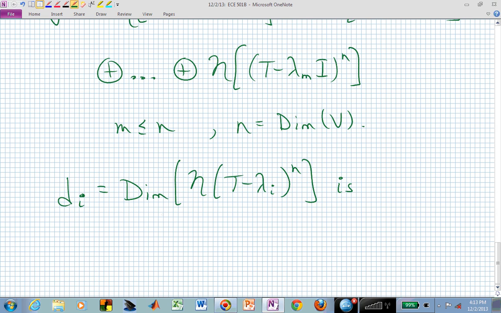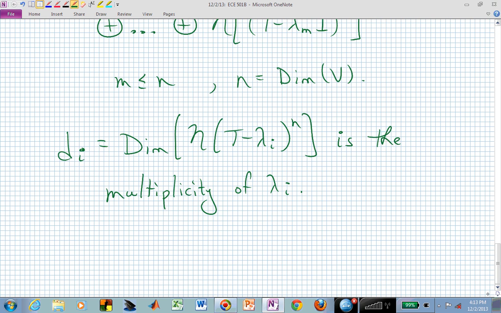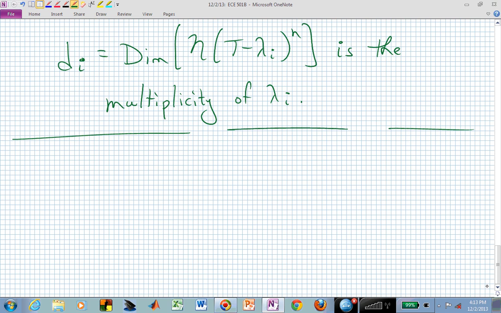D sub i is the dimension of this null space and is the multiplicity associated with that eigenvalue lambda sub i. With that terminology and that definition for multiplicity, we can now start talking about generalized eigenvectors.